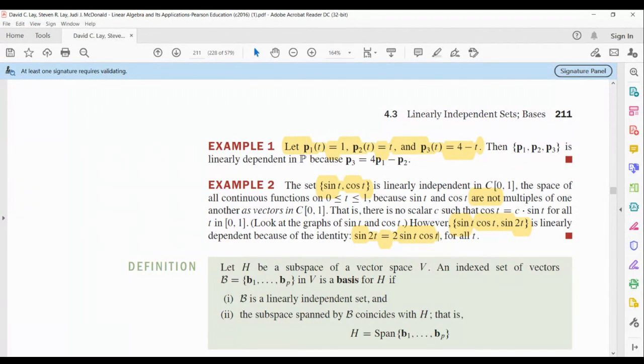But see, like if the third function were, okay, think of it like this. Let me go to the whiteboard here.